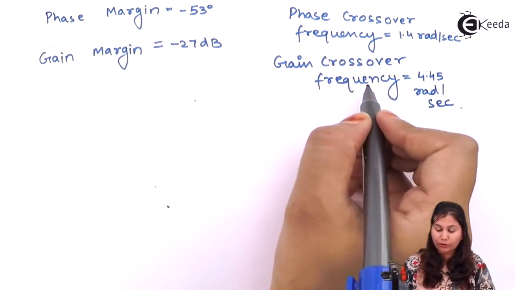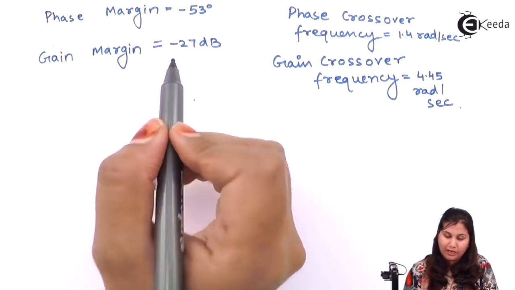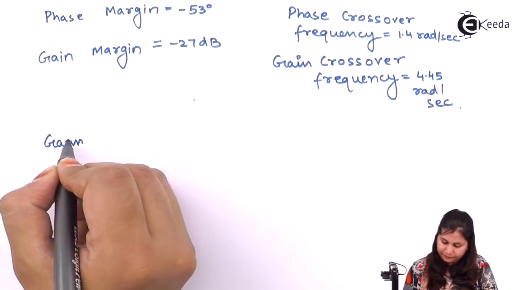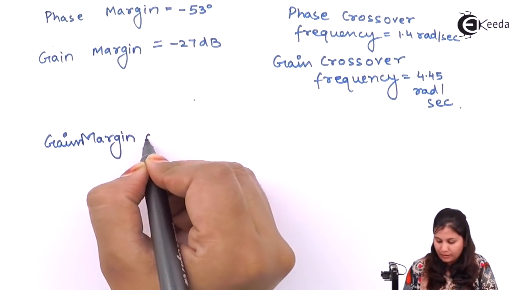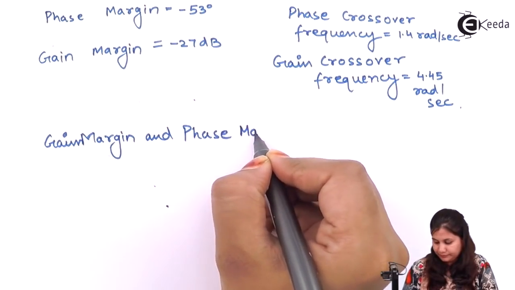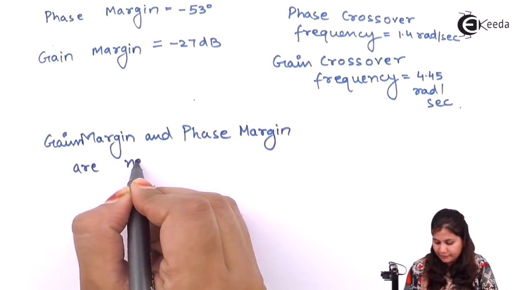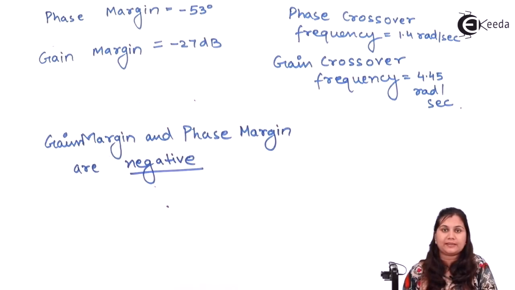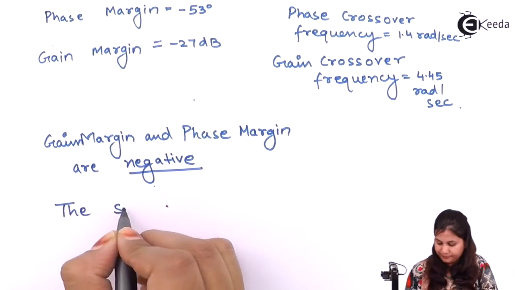So we have calculated all these variables. Now if you observe, the gain margin and the phase margin are negative for this system, and if the gain margin and phase margin are negative, then the system is unstable.